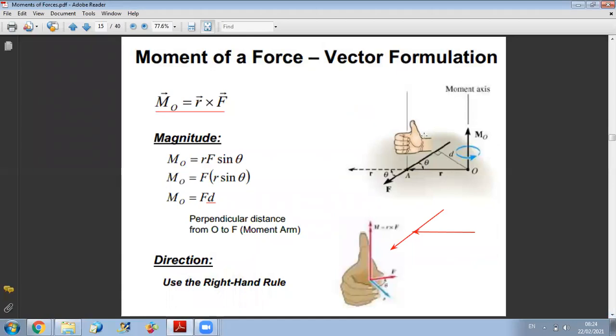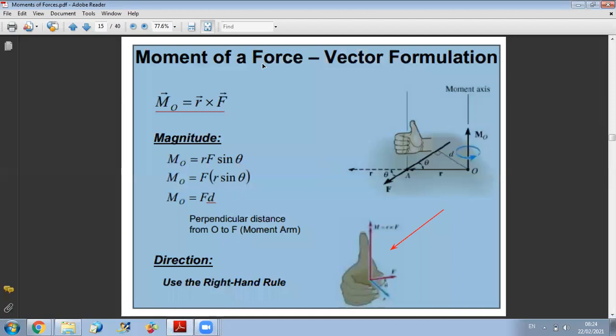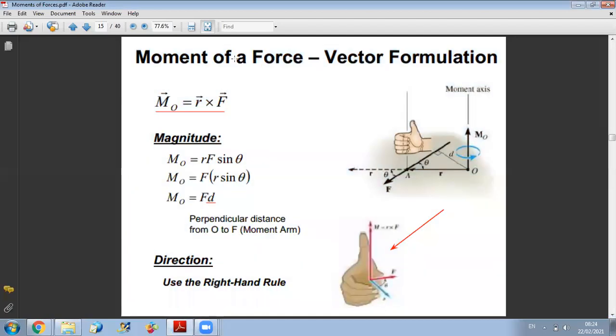First, let us try to do the previous method, the right-hand rule, in order to determine the moment of this force about O. What should we do? This is the line of action of the force. I take the perpendicular from O towards this line of action.